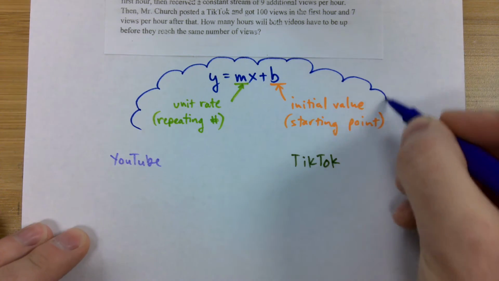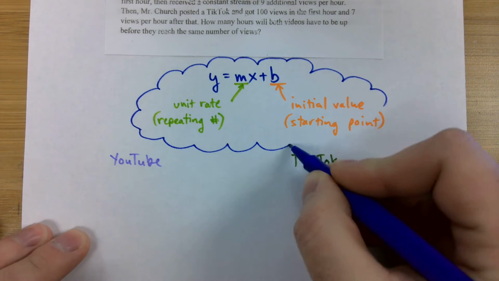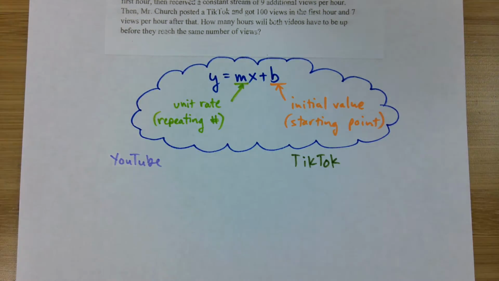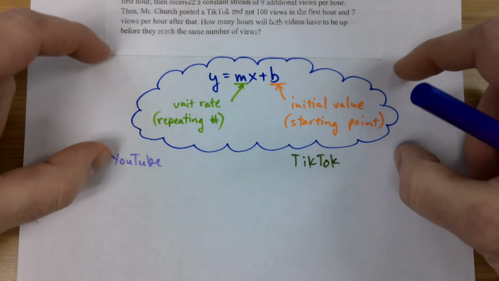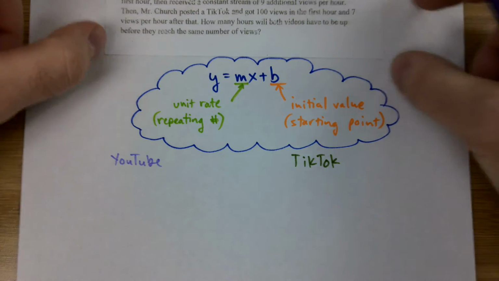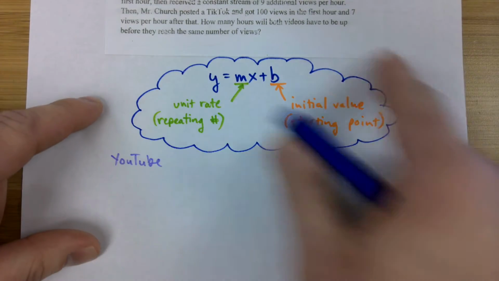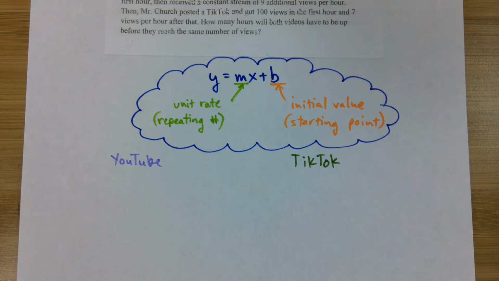And go ahead and put a cloud around this part, because I want you to know that this has to do with the lesson as a whole, not just this specific problem. So right here is the important, technically like notes part of this lesson that you're going to want to write down.